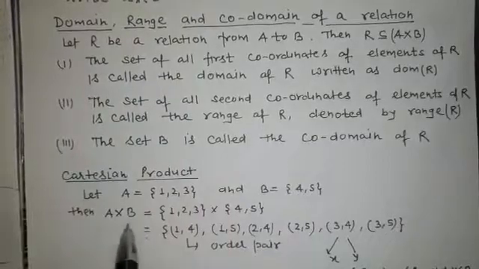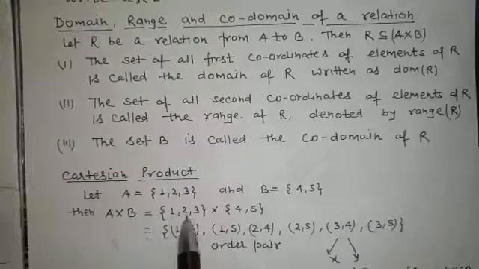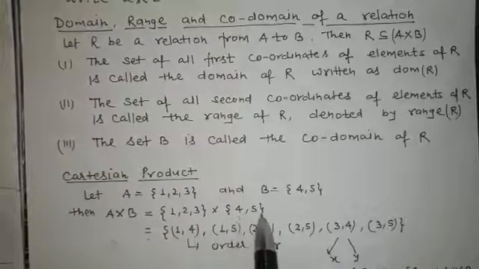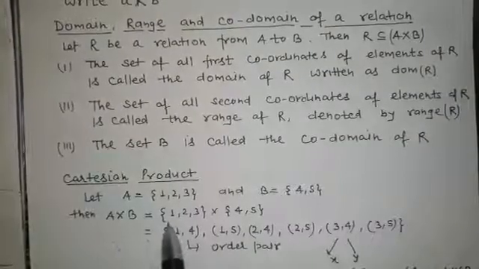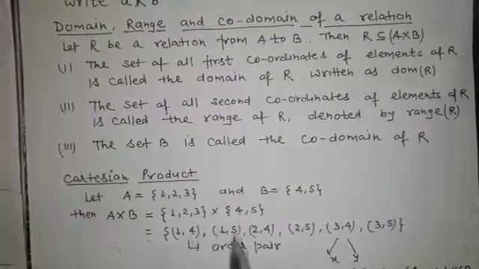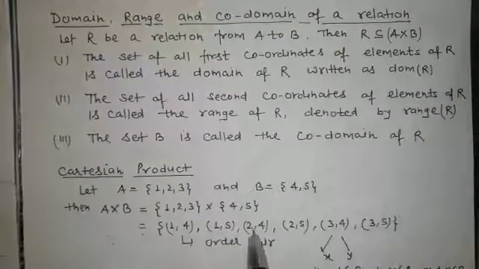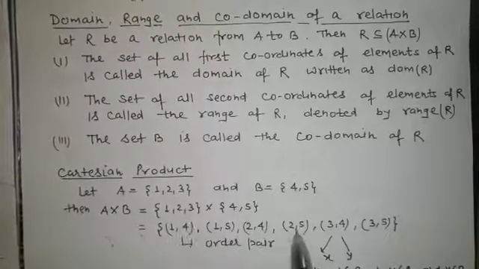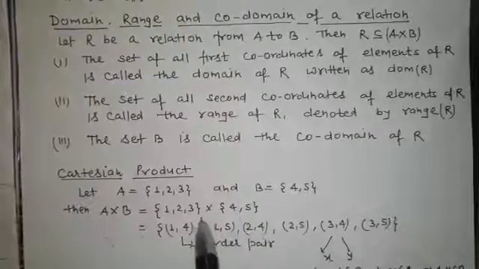Then A cross B is equal to {1, 2, 3} cross {4, 5}, that is (1, 4), (1, 5), (2, 4), (2, 5), (3, 4), (3, 5).